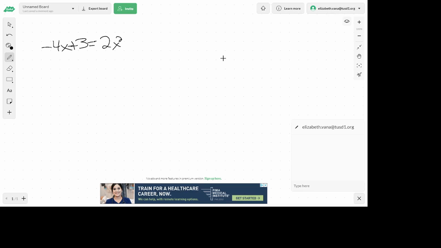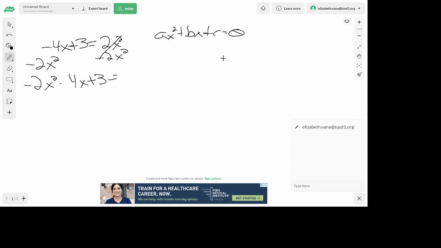Well, to start this off, remember I do need it in standard form. And right now this is not in standard form. So I need to move this 2x squared over. So it's positive, I have to make it negative to cancel it out. What I do to one side of an equation, I have to do to the other side so that I have a balanced equation here.